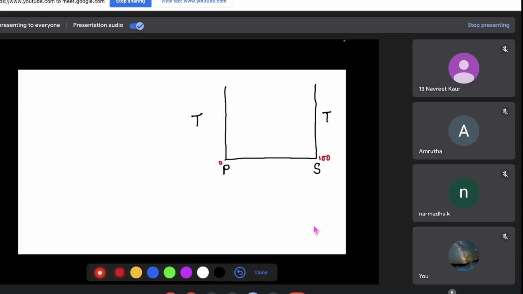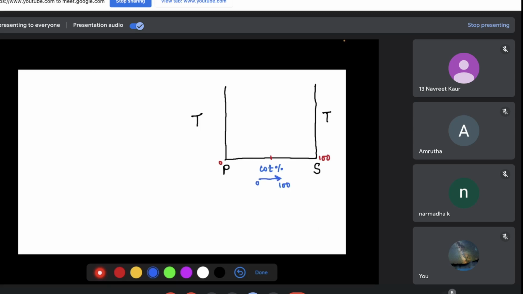That is, 0 means it is pure P and 100 means it is pure S. In between it will be 50-50, so 50% of component P and 50% of component S. We can denote the composition axis as weight percentage, from 0 to 100.